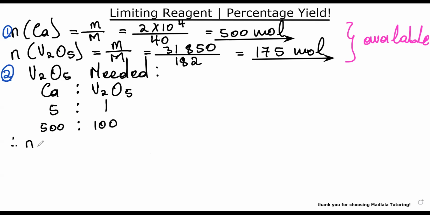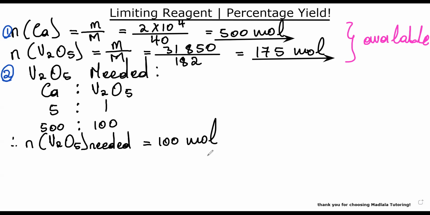So now you can conclude that the number of moles of vanadium pentoxide that are needed is just going to be 100 moles, okay?